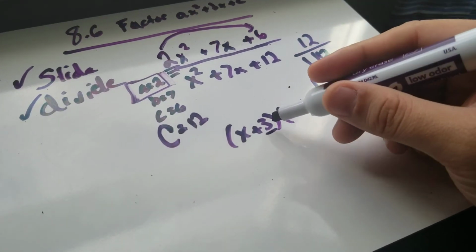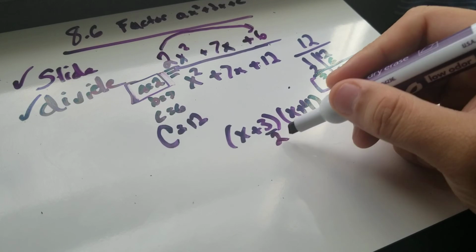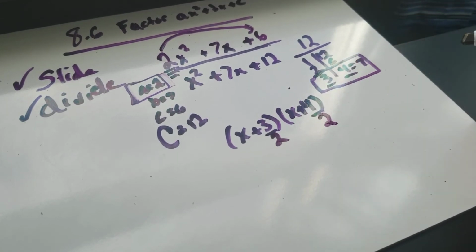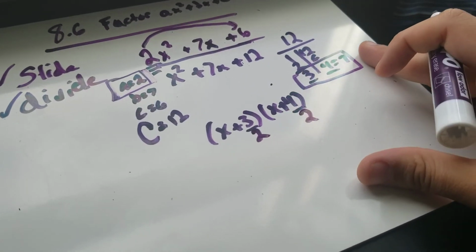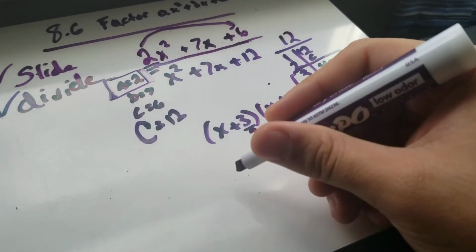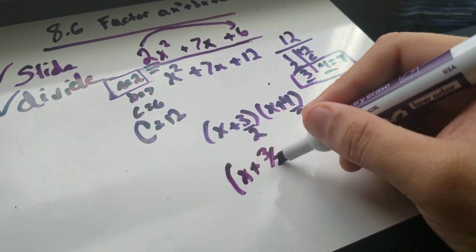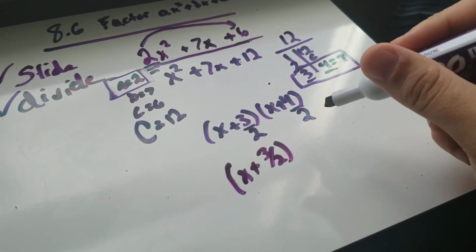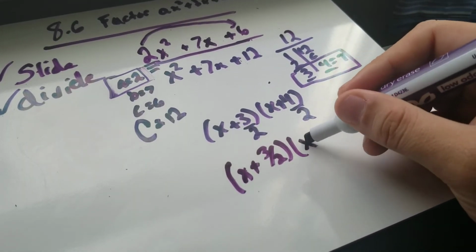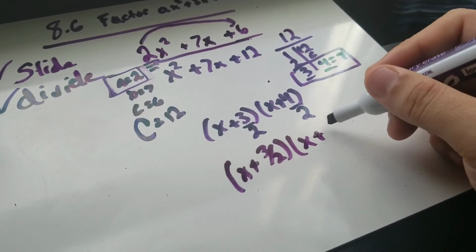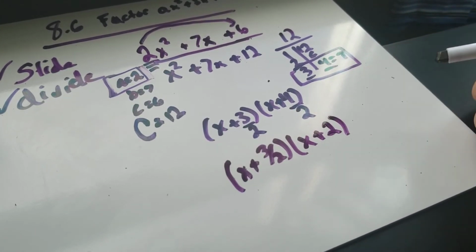So I'm going to divide both 3 and 4 by 2. Now I'm going to simplify if possible. X plus 3 over 2 can't simplify, so I'm going to leave it as 3 over 2. And the other one, x plus 4 divided by 2, does simplify. That reduces down to 2.